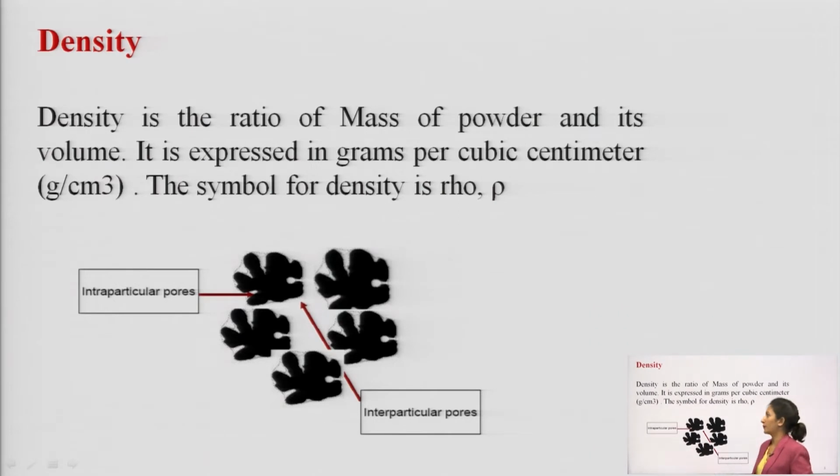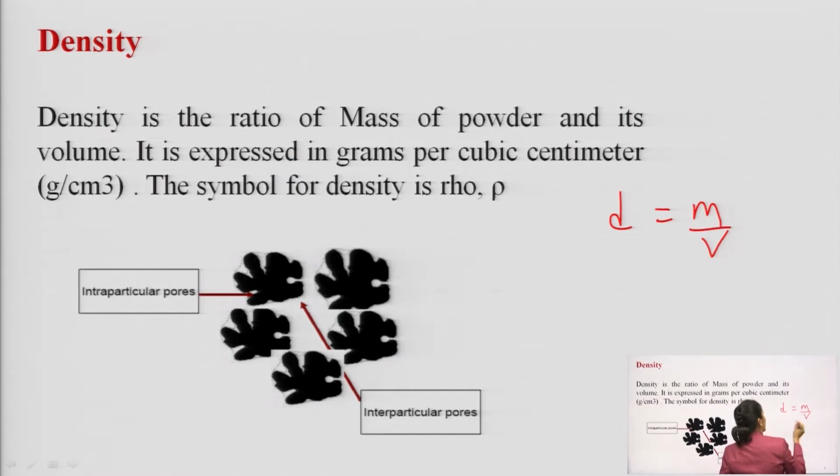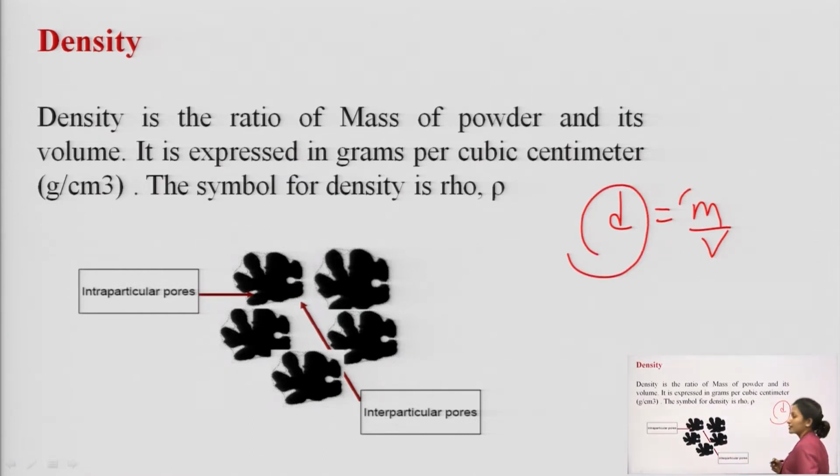Now, the first derived property is density. What is density? Density equals mass upon volume. Mass is a fundamental property, volume is a fundamental property, and when we divide the mass by the volume we get the density, which is a derived property. So density is the ratio of the mass of the powder and its volume.